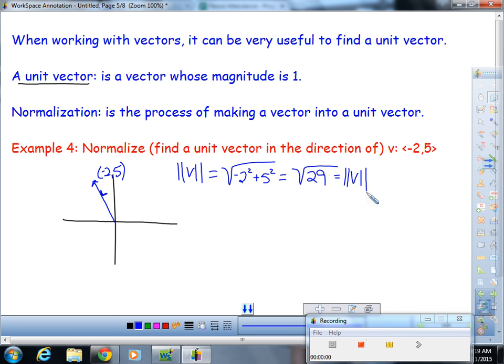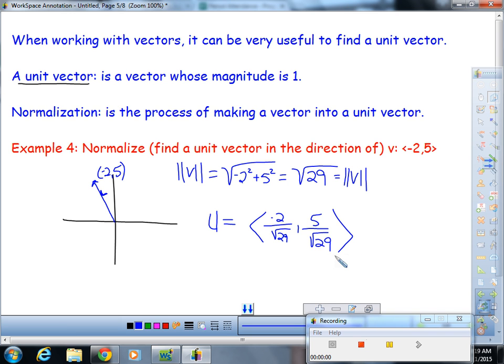So a unit vector in the direction of v we will call u, and you simply just take the original vector and divide it by the magnitude.